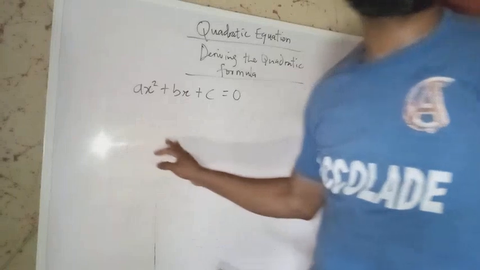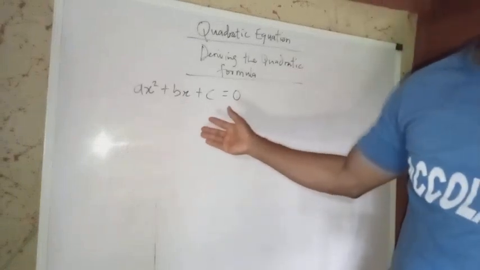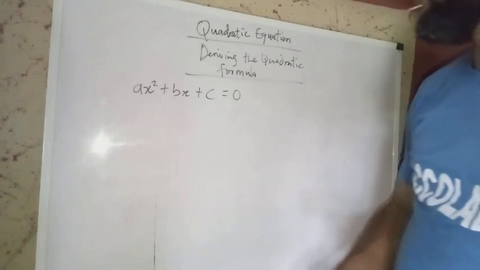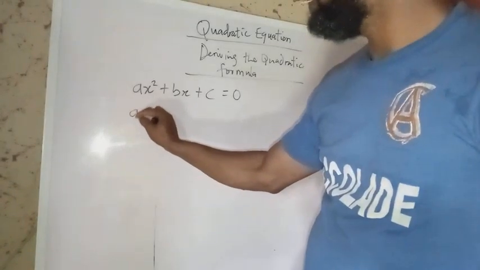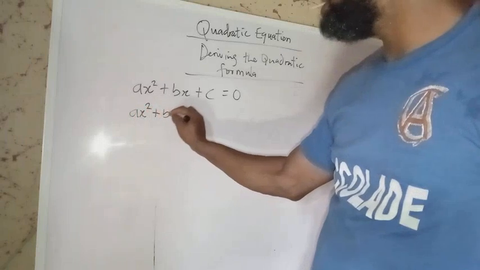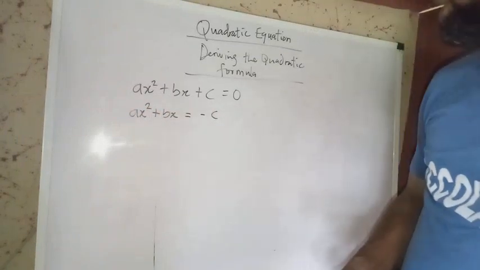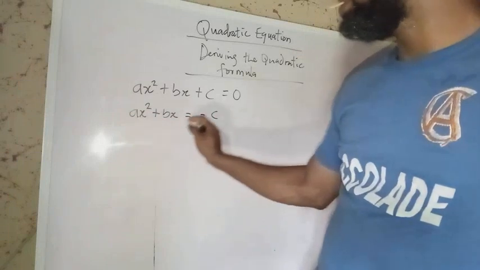We are going to use the same method that we use with completing the square. So this is going to become ax squared plus bx equals minus c, and that's the rearranging.